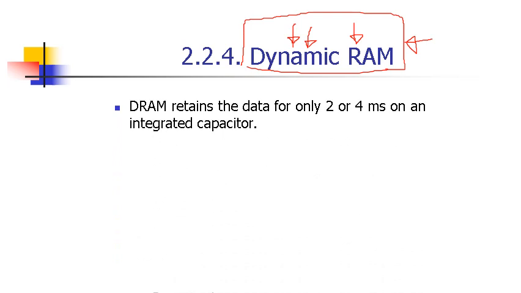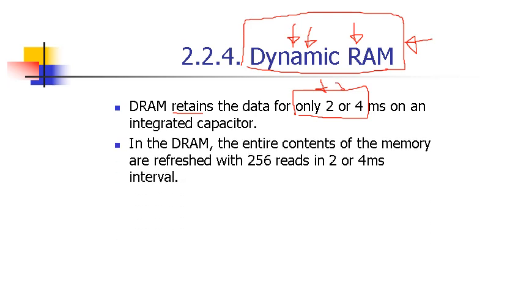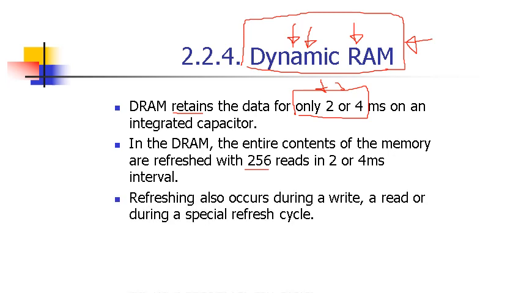Okay, so it retains data only for 2 to 4 milliseconds. So every 2 to 4 milliseconds, you have to rewrite your data. You read it up to 256 times in 2 to 4 milliseconds. You have to refresh your data.